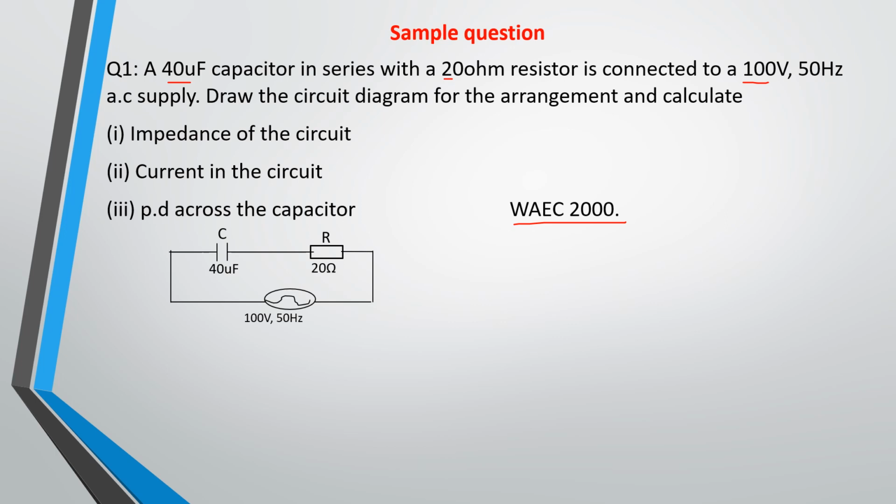The impedance Z is equal to the square root of the resistance squared plus the capacitive reactance squared.